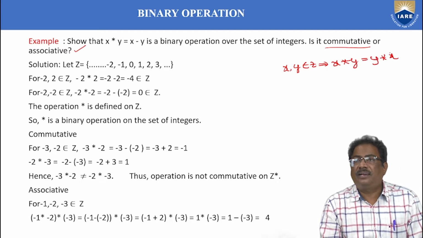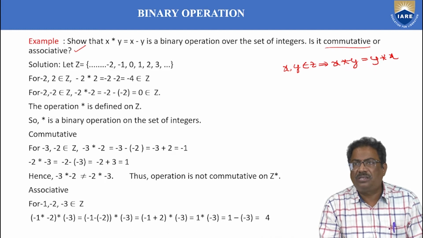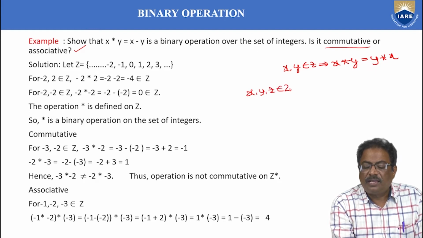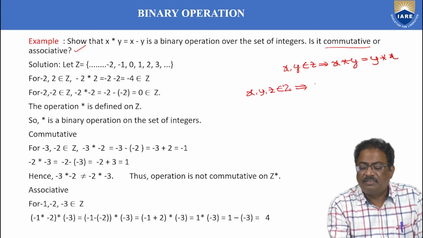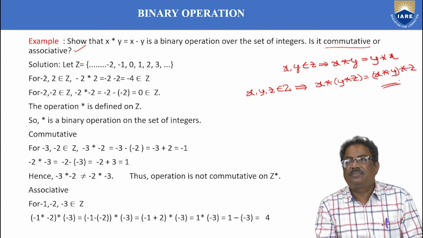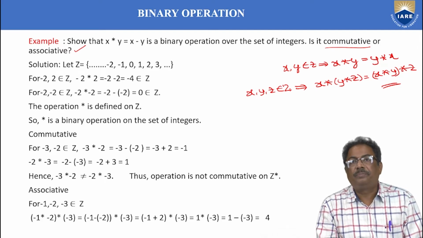If this condition is satisfied, then we can say that the binary operation star is commutative. And associative means if I consider any three elements from the integer set, then x star y star z is equal to x star y star z, grouped in either order. If this condition is satisfied, then we can say that the binary operation is associative.